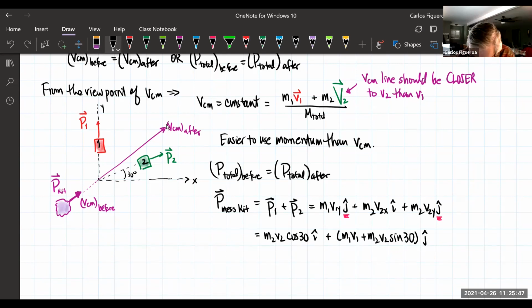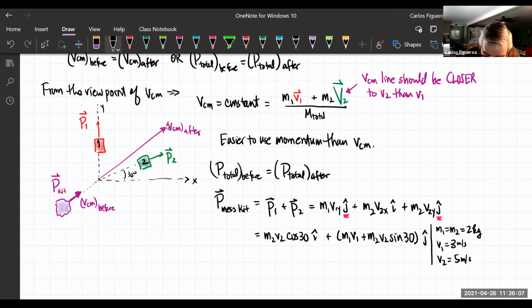So now, what do I know? Well, I know that m1 and m2 are 2 kilograms. We know that v1 has a magnitude of 3 meters per second, and I know that v2 has a magnitude of 5 meters per second. So then I'm just going to substitute these in here.